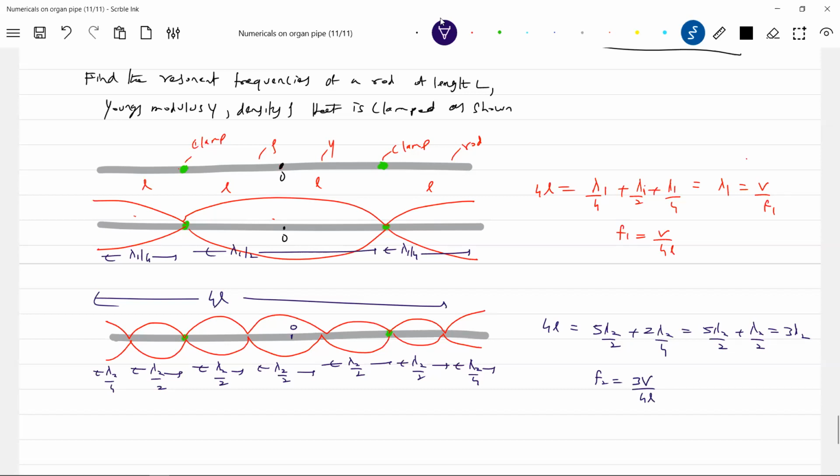What is V? V is in fact the square root of Y by rho. Any generalized equation? Fn equals 2n minus 1. This is the condition for the rod.